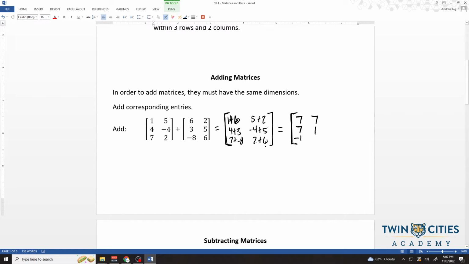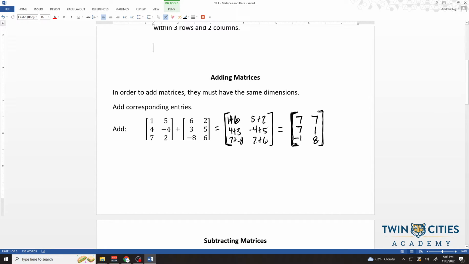And 2 plus 6 is 8. Okay, this matrix is what these two added together would be: 7, 7, 7, 1, negative 1, and 8.